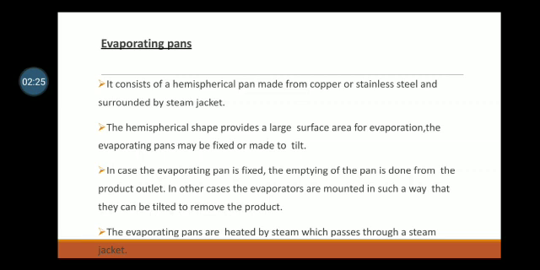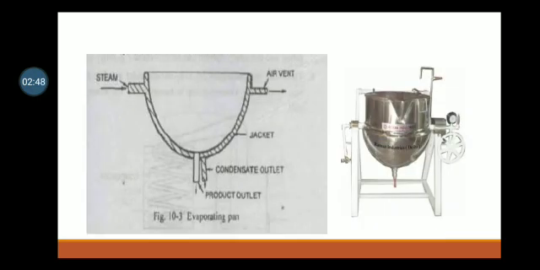In case the evaporating pan is fixed, the emptying of the pan is done from the product outlet. In other cases, the evaporators are mounted in such a way that they can be tilted to remove the product. The evaporating pans are heated by steam which passes through a steam jacket.